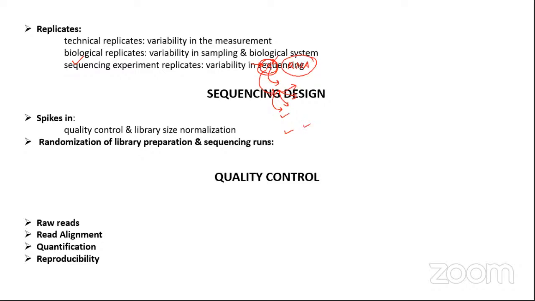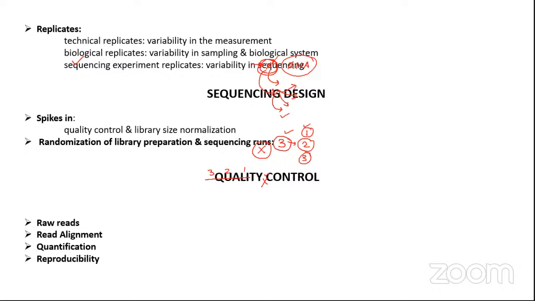Ideally, 3 replicates are required. These replicates mean 3 different individuals or representatives of this tissue. But if we take the same tissue from 3 human beings, they will be entirely different.